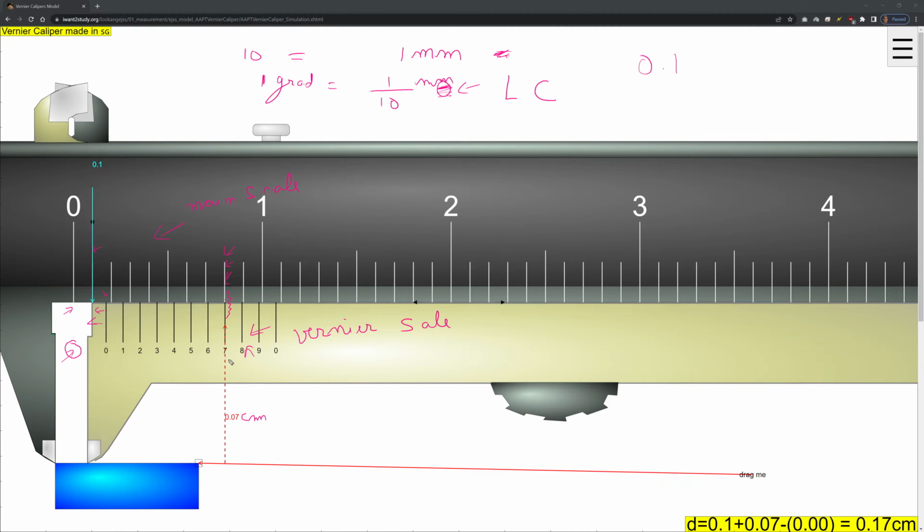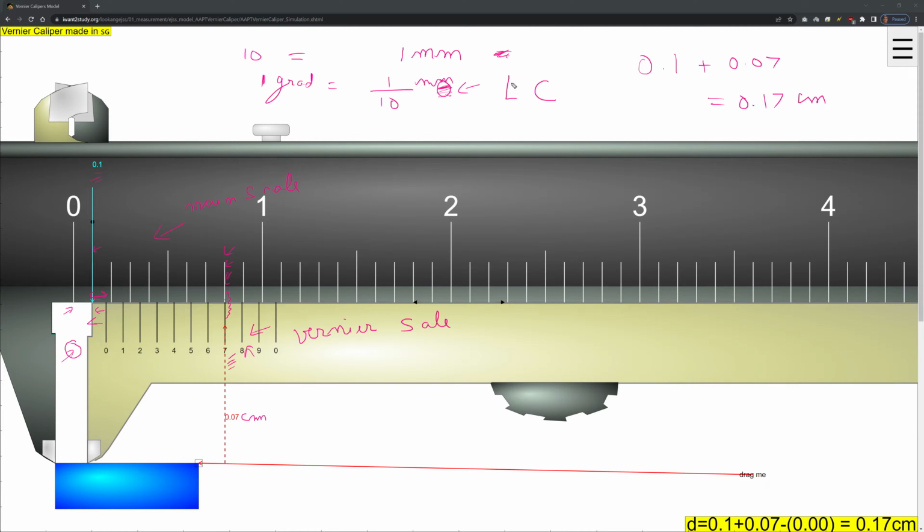Because further accuracy is provided by the Vernier scale. After 0.1, how much has my 0 moved? That is given by the Vernier scale reading, 0.07 centimeter. So I look at the Vernier scale 0, go back, and see the main scale reading, which is 0.1. So 0.1 plus 0.07 equals 0.17 centimeter. Very accurately, I have been able to read this in centimeters.